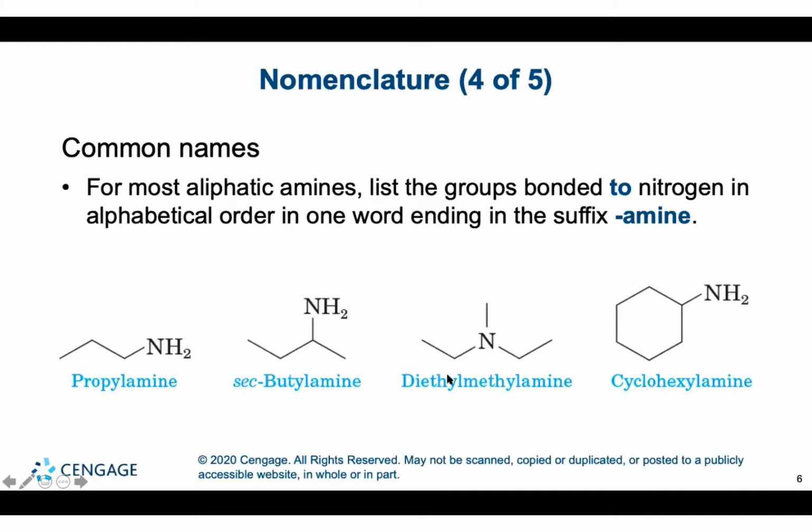It just says you have 2 of them, but this E should be compared with M. So E is sooner than M, so it's going to be diethyl methyl amine. So you're going to just call the branches based on the alphabetical order and end with amine. That's the common naming. Here we have cyclohexyl amine. That's the common naming.